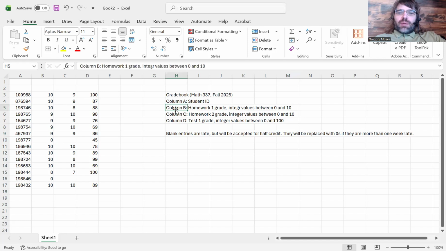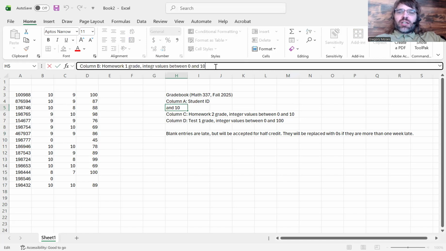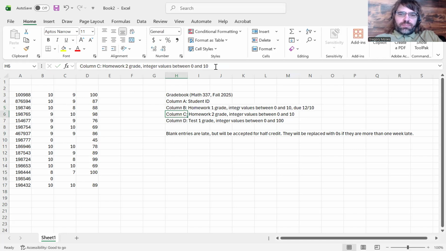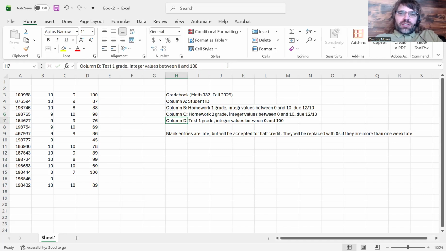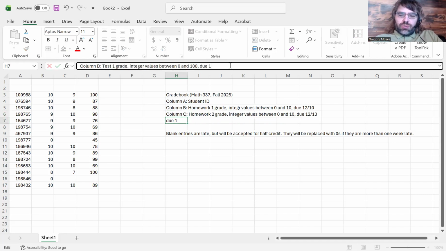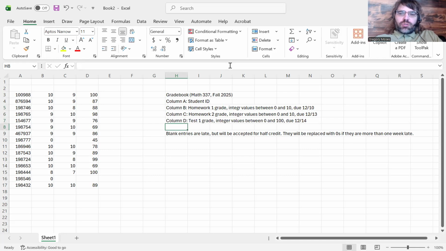So we can go up to this metadata and we can add more metadata. We can say, well, this was due 12:10, and this was due 12:13, and this was due 12:14.